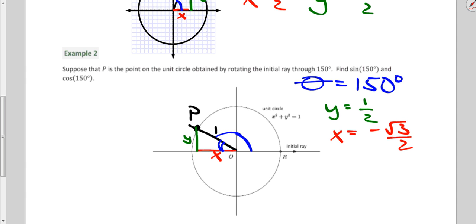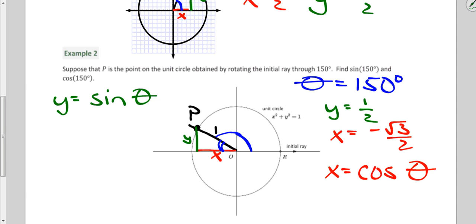Adjacent. So x is another name for cosine of theta. What do you think y is going to be? Sine. Y equals sine of theta.